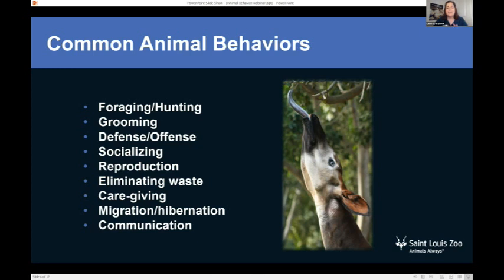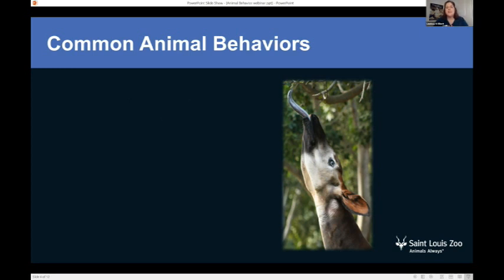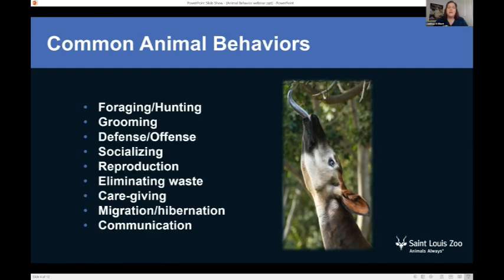And they are using their long tongue to forage for food. So some common animal behaviors are foraging or hunting, grooming, defense or offense, socializing, reproduction, eliminating waste, caregiving, migration or hibernation, and communication.